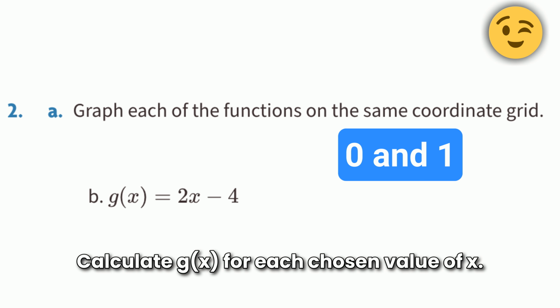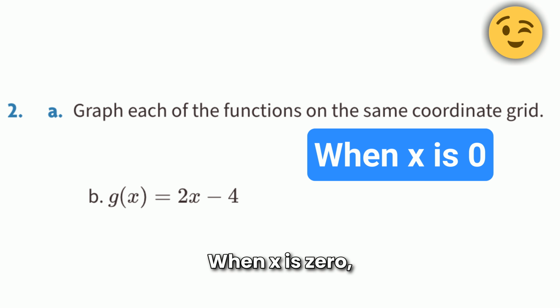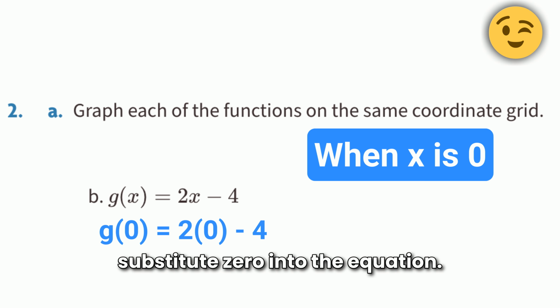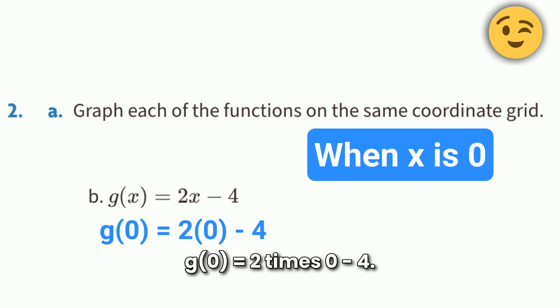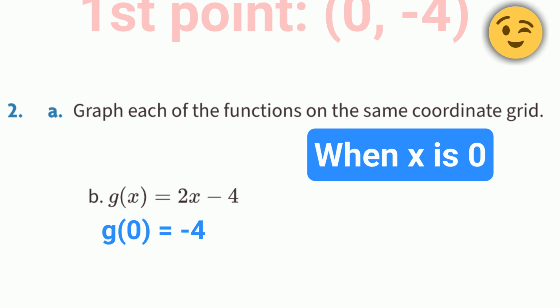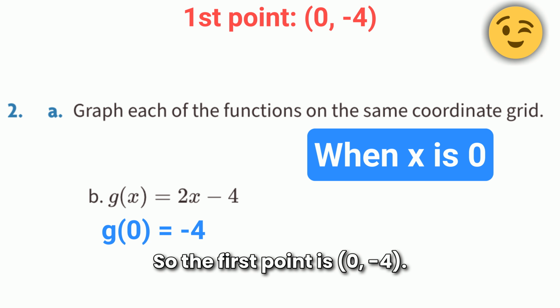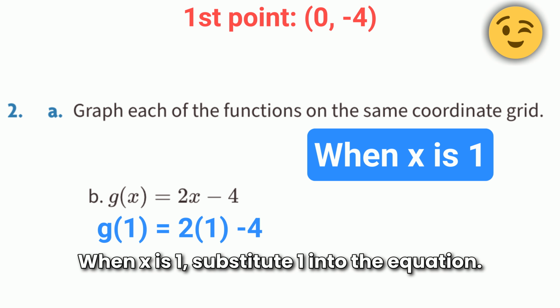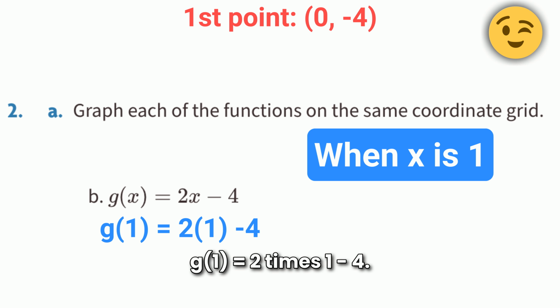Step 2. Calculate g of x for each chosen value of x. When x is 0, substitute 0 into the equation. G of 0 equals 2 times 0 minus 4. This equals negative 4. So the first point is 0 and negative 4. When x is 1, substitute 1 into the equation. G of 1 equals 2 times 1 minus 4.